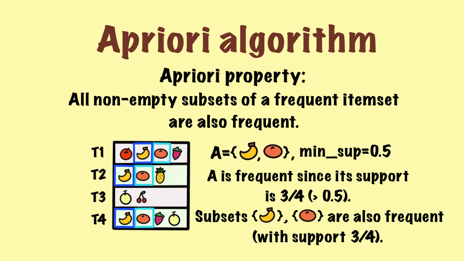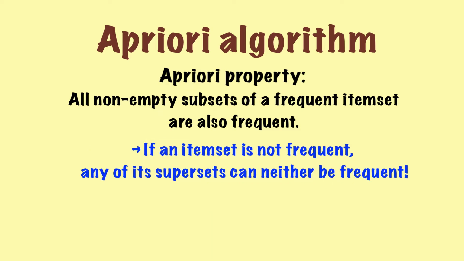A has 2 subsets, banana alone and orange alone. If you look at our database, you will find the subsets also have support 3/4, which means they are also frequent subsets. Just think about the logic behind it and you will find this property totally reasonable. Next, the consequence of this property is that if an item set is not frequent, none of its supersets can be frequent.